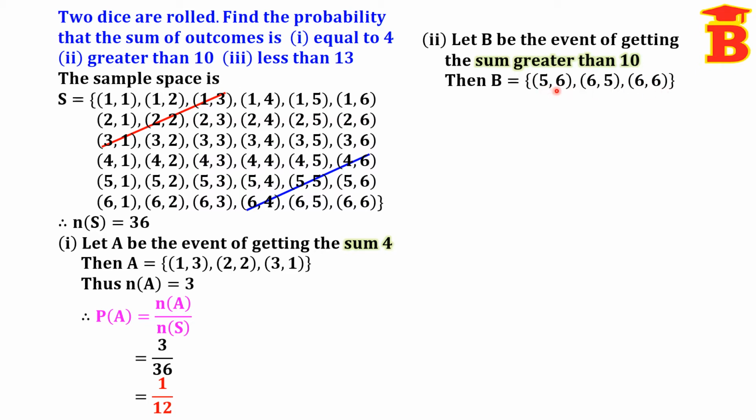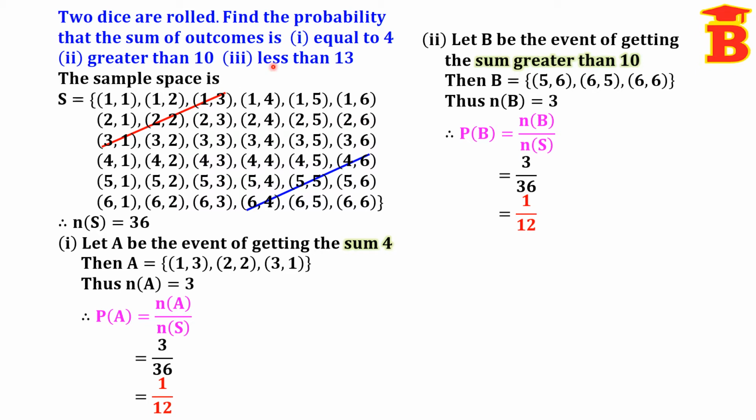If you add these, 5 plus 6 is 11, 6 plus 5 is 11, 6 plus 6 is 12. So these are the numbers greater than 10. Now count and write n(B) equal to 3. We write the formula P(B) equals n(B) divided by n(S). That is equal to n(B) is 3 divided by n(S) is 36. Cancel by 3, we get the answer 1 by 12.